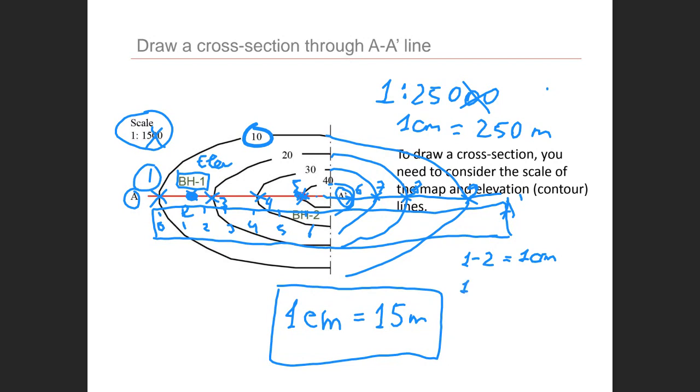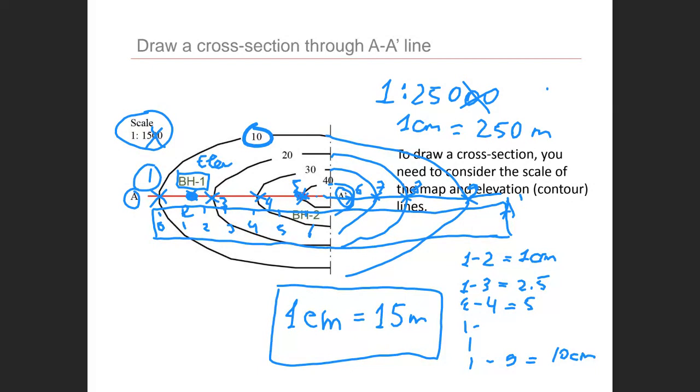Then from point 1 to point 3 will be, for example, 2.5 centimeters. From point 1 to point 4, 5 centimeters. And then you just continue until your last point, which is going to be probably point 9 if we draw the whole thing. Maybe it's going to be 10 centimeters. So you can do that, right?